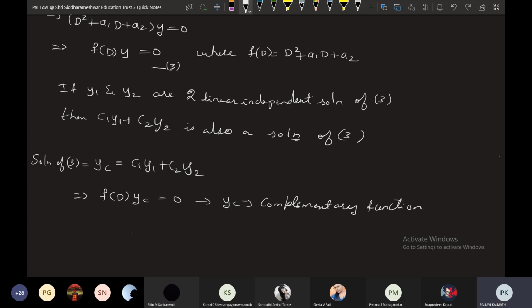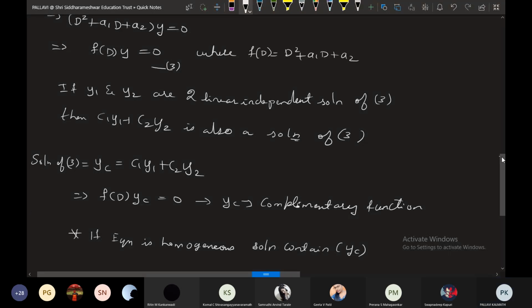So you remember so much. First of all, if the equation is homogeneous, then the solution contains yc. You remember this point.